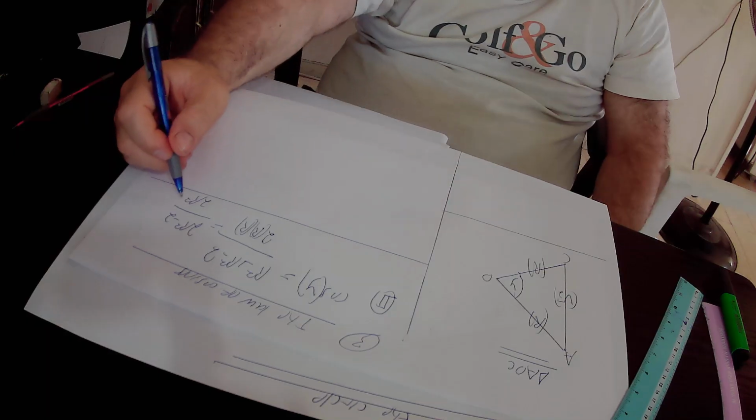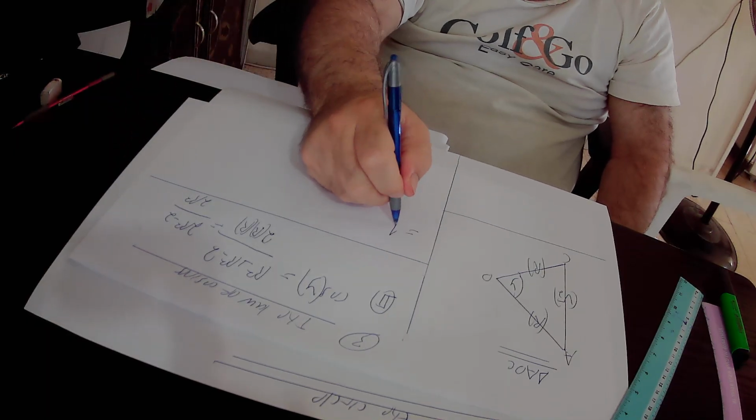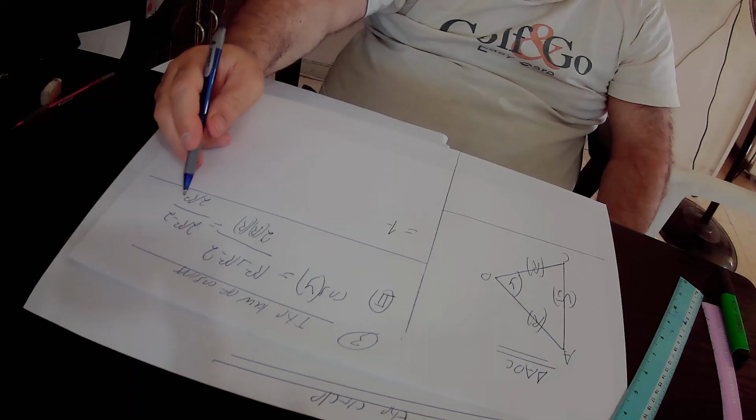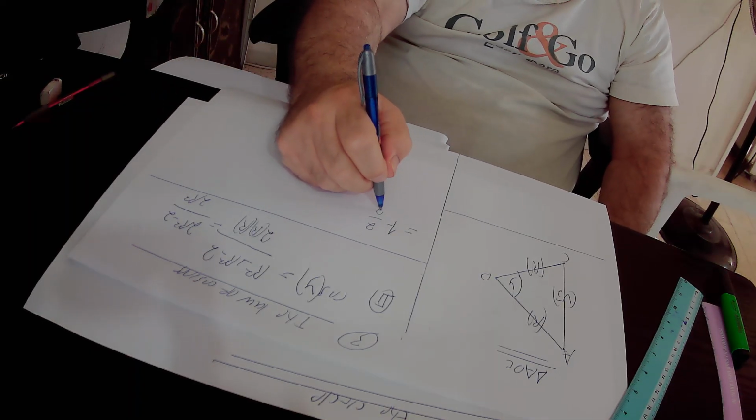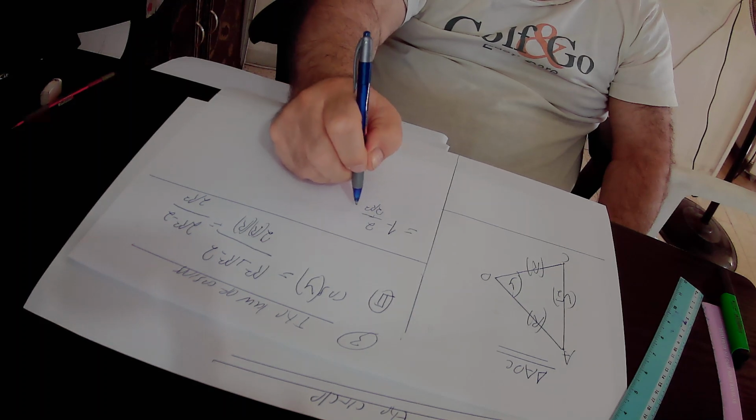So here we have 2R squared over 2R squared is 1, and also here minus 2 over 2R squared.